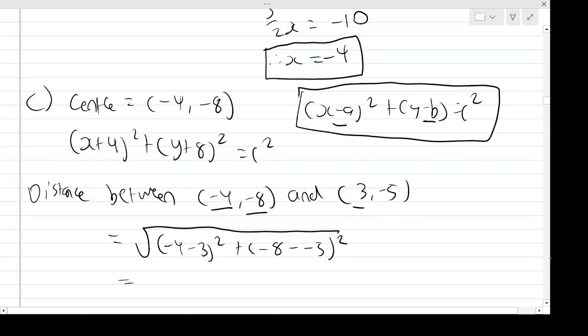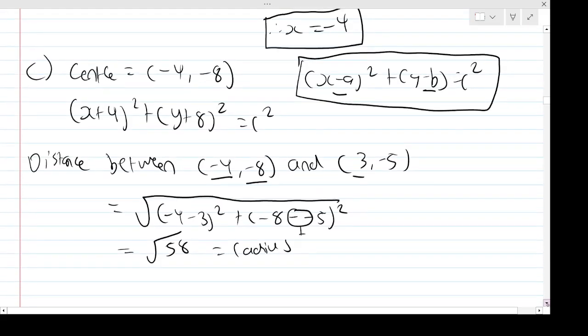Put that in the calculator. Minus 4 minus 3 all squared, add minus 8, then minus will turn to a plus, and that's a 5 there. So we get minus 8 plus 5, all squared. That will get me root 58. And that is my radius.